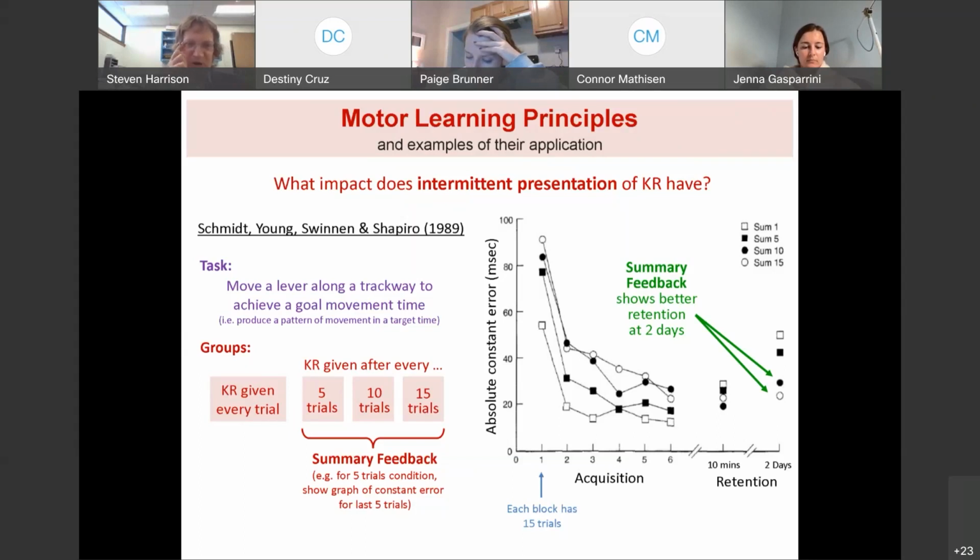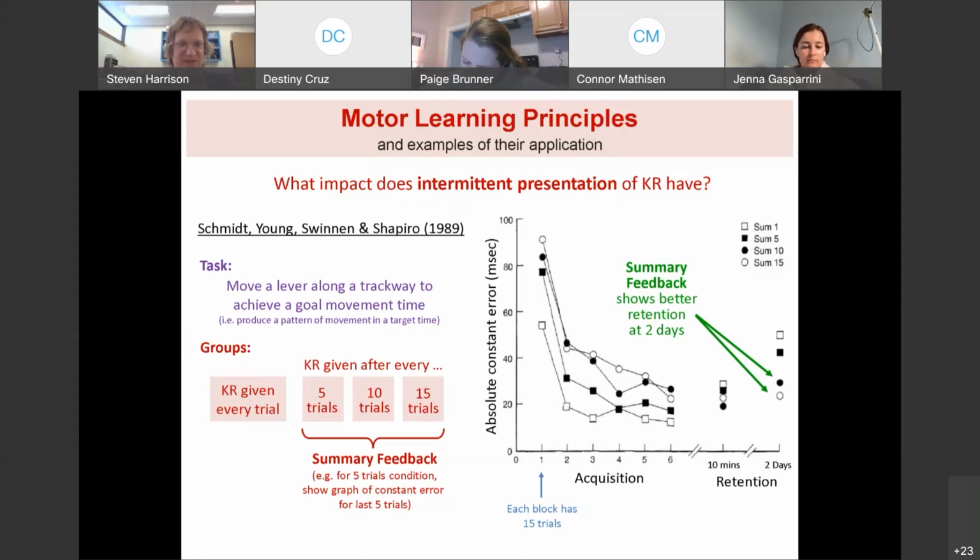In each different block here, you're doing 15 trials of making the movement, and then getting feedback on how the amount of time your movement took compared to the goal movement time.